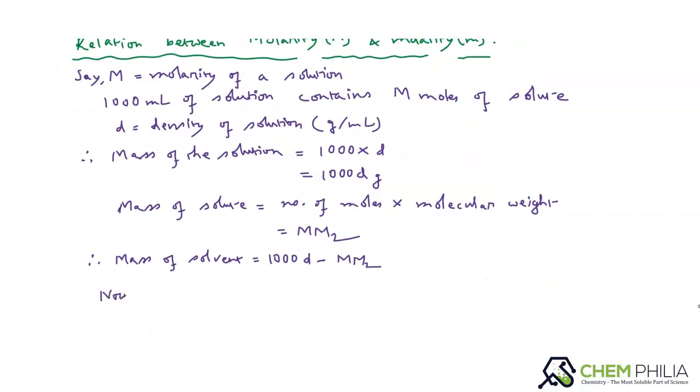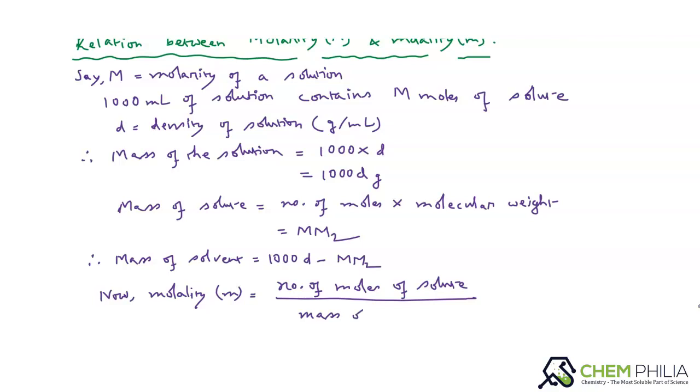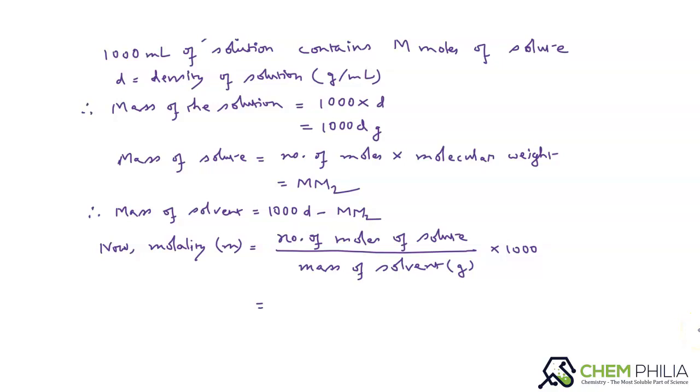Now molality, that is small m, is number of moles of solute divided by mass of solvent in gram into 1000. So what is the number of moles of solute?